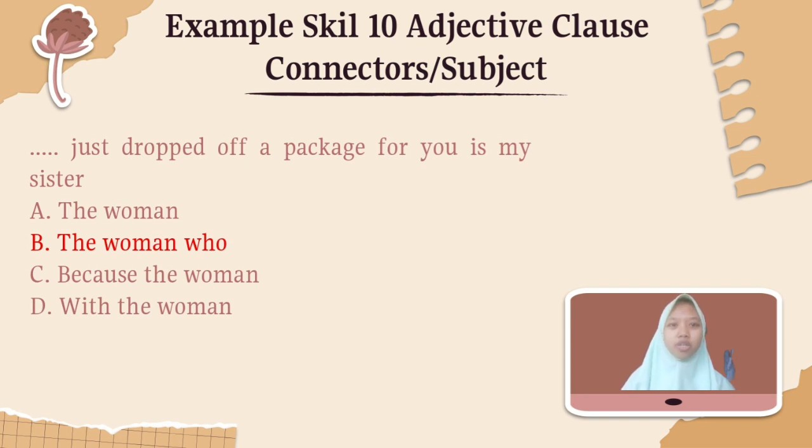From the result of the analysis, both sentences require a subject in each sentence. The sentence started just drop off package, the blank answer, and the sentence is my sister. Therefore, we need a connector word between the sentences. A. The woman has a subject but does not have a connector.